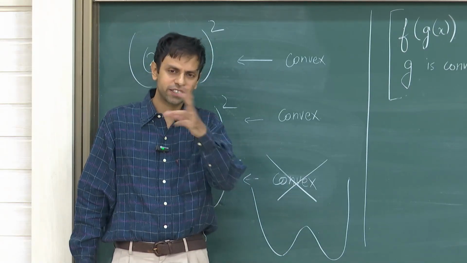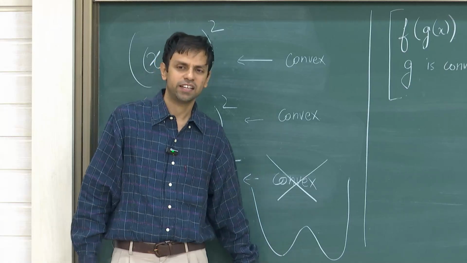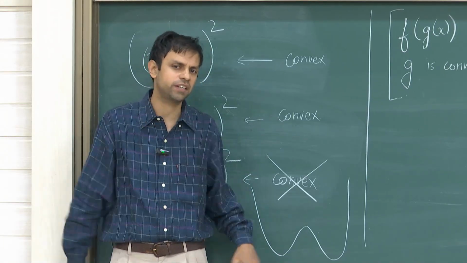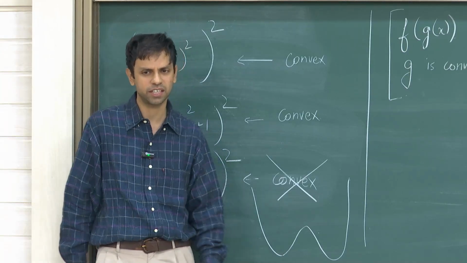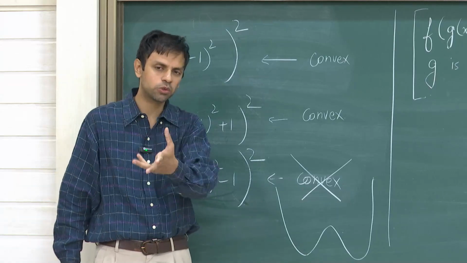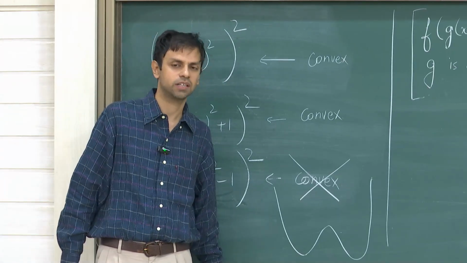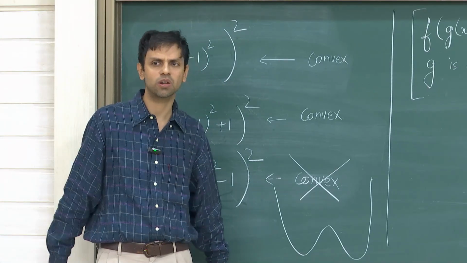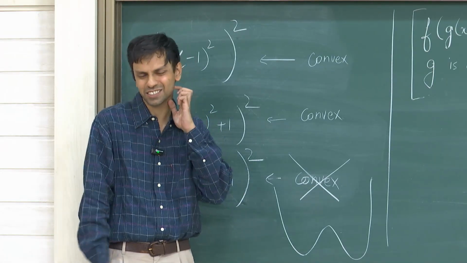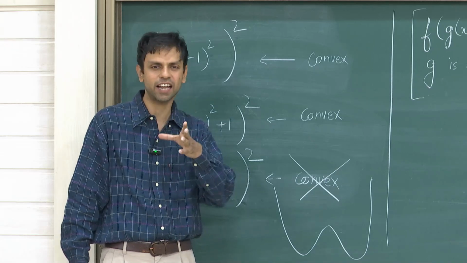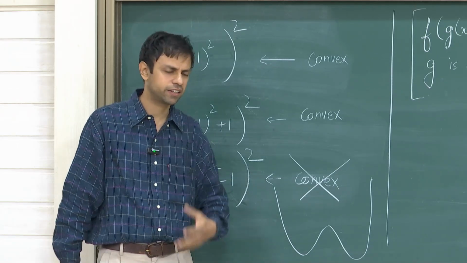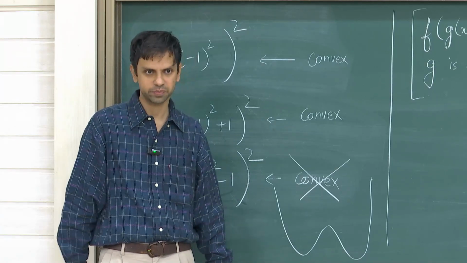So you can try this property, that property, something else, and say that this function is actually not convex. But there is no sure shot definite algorithm which says that given a function, I will be able to find out using this algorithm whether this function is convex or not. So detecting convexity is more or less like hit and trial or following a few set of rules and then moving on, alright.